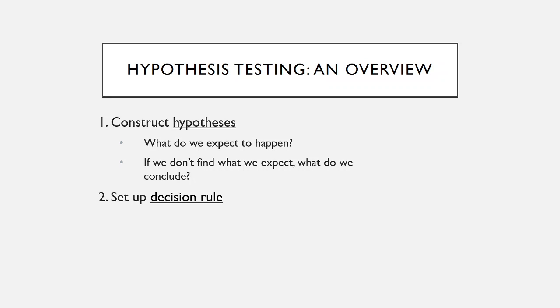Ironically, after you get past hypothesis testing conceptually, this is where you can spend the least amount of time when you're actually running an analysis. Once you understand how p-values work, essentially, you can set up your decision rule without even really thinking about it or explicating it, because we all, in the psychology field, share a status quo for what decision rule we're all using. But it is important to understand theoretically what's happening at this step.